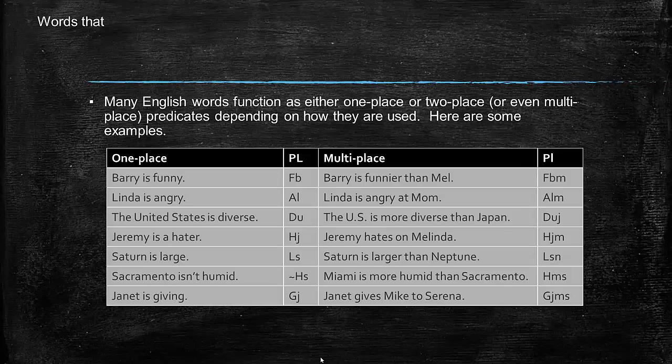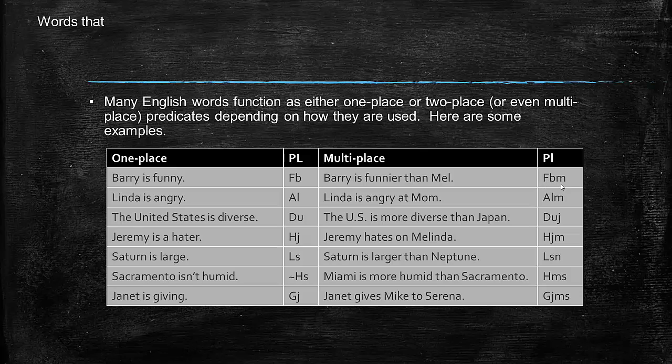So lots of English words actually can function as either one-place or two-place predicates depending on how they're used. Here, you don't have to memorize these or anything, but just to see how this looks. If we say Barry is funny, that would be capital F, little b, but we could say Barry is funnier than Mel, and then we'd write it as capital F, b, little m.